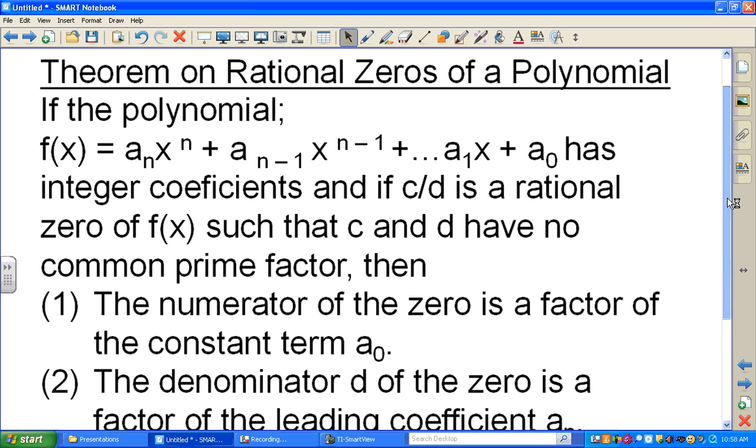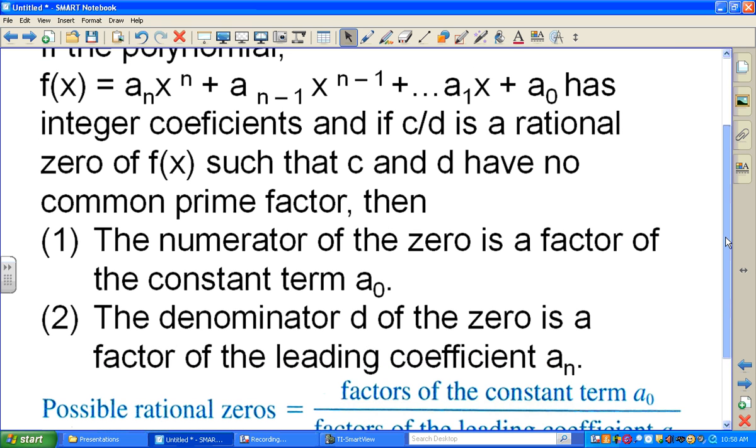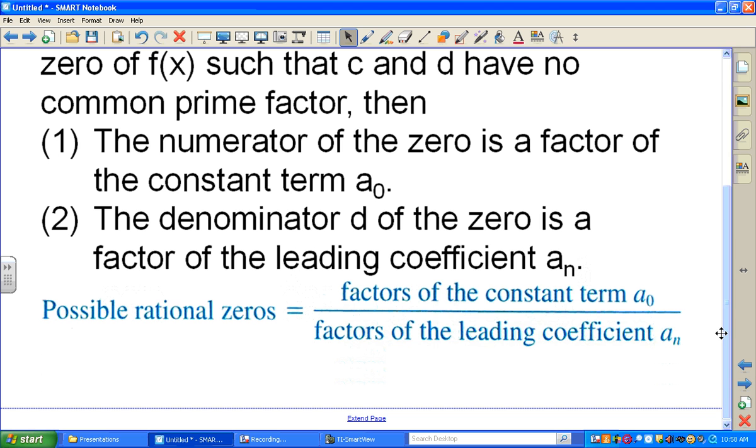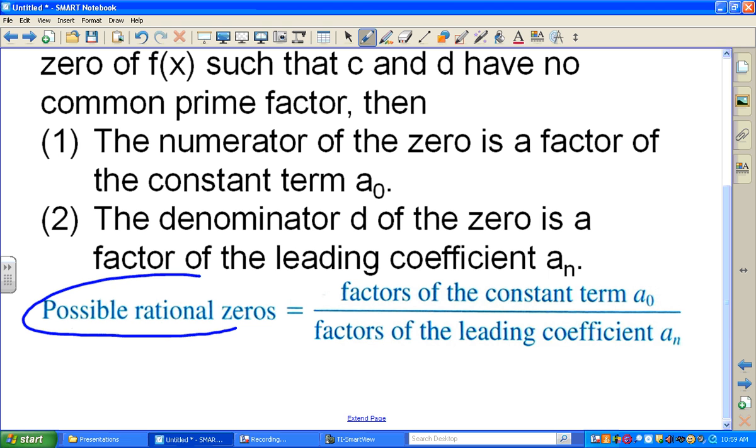Anyway, the theorem of rational zeros of a polynomial. Every polynomial has a leading coefficient, and every polynomial has a constant. If it does have a rational zero, this is a short way of writing it. f of x equals a x to the n plus ... plus c at the end, some constant.